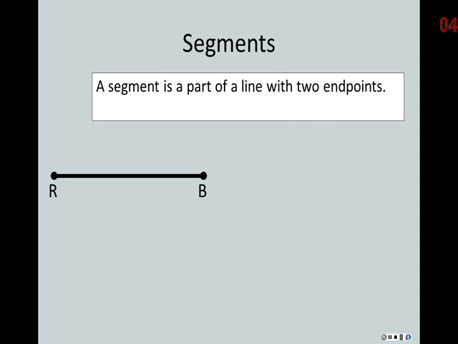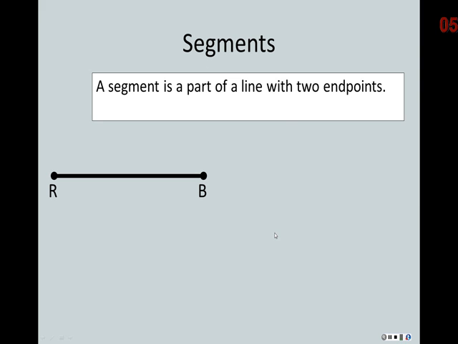A line segment is part of a line with 2 endpoints. Remember, segments stop. They do not go on forever. So at point B, this line segment stops. At point R, this line segment stops.